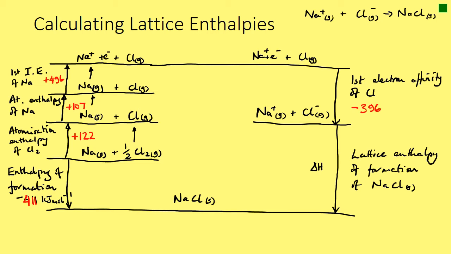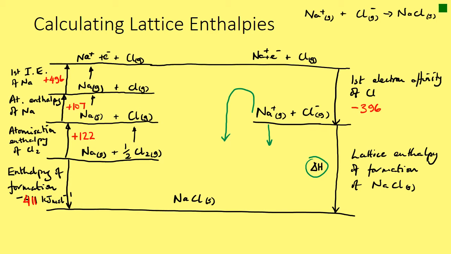So we want the enthalpy change for going in this direction from sodium and chloride gaseous ions to give us sodium chloride solid. But that enthalpy change that we've got in green there is the same enthalpy change as if we go up this way and then all the way down. It's the same in the end.